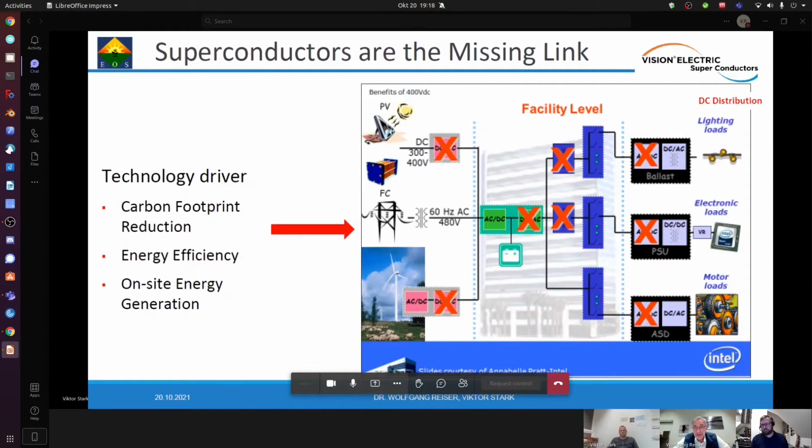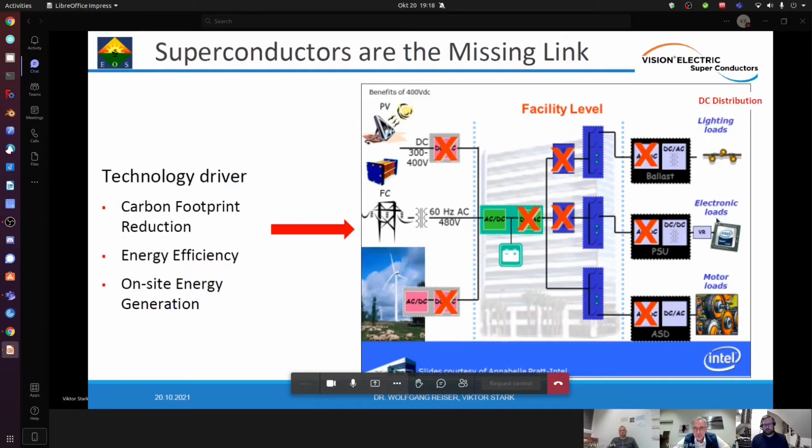The bad thing was that in those days superconductors were not really available. If you go to a higher power, then the current on low voltage is higher, and the power losses eat up the advantages of reducing the conversion steps. This was the reason why it was not realized for large data centers.